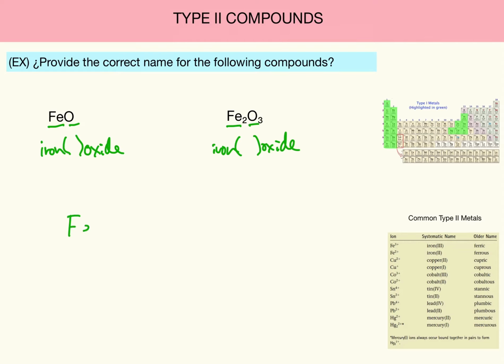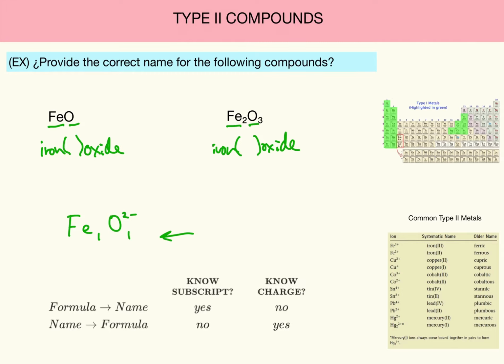So we start with FeO. We know oxygen has a 2- charge. We know from our formula the subscripts are 1 and 1. Notice here, anytime you're given a formula, you're given the subscripts. What you don't know is the charge. And we'll see later when you go from name to formula, just the opposite is true.